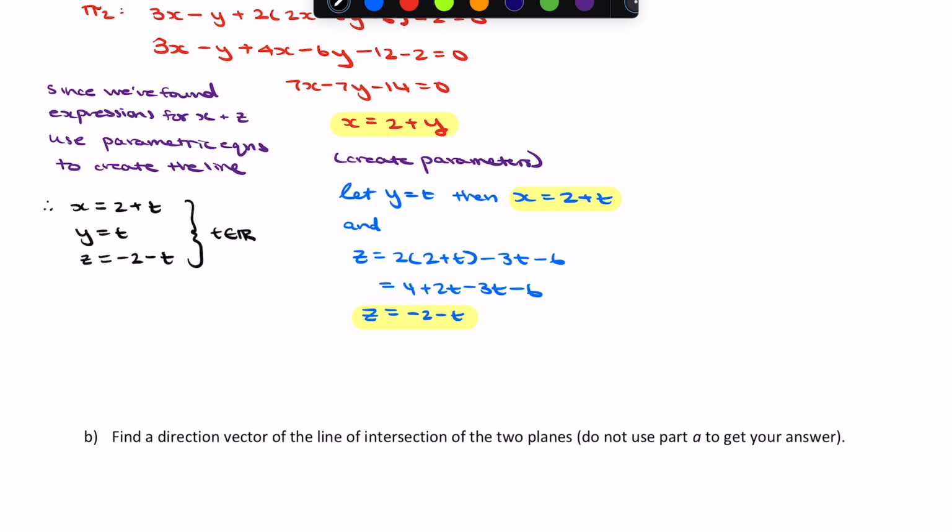Here it says find the direction vector of the line of intersection.